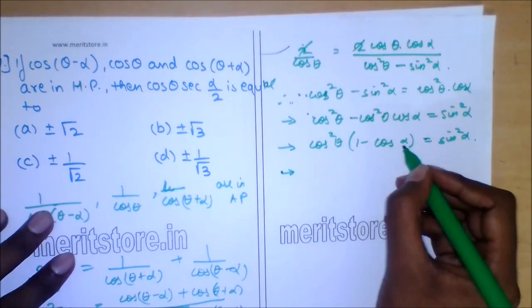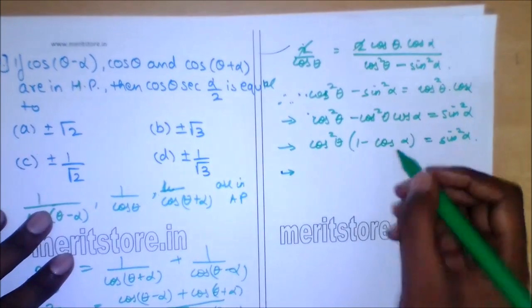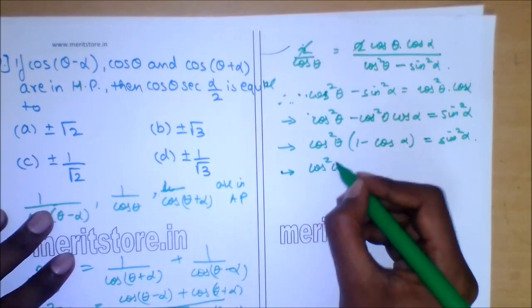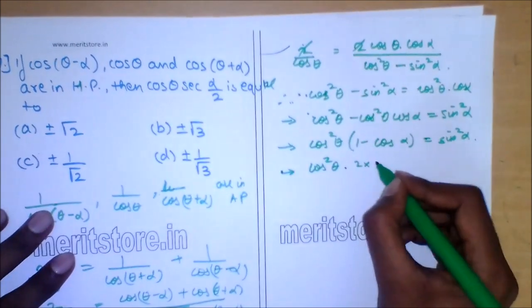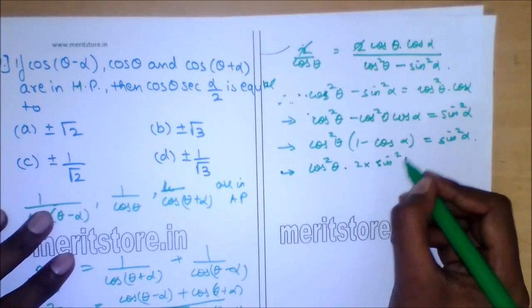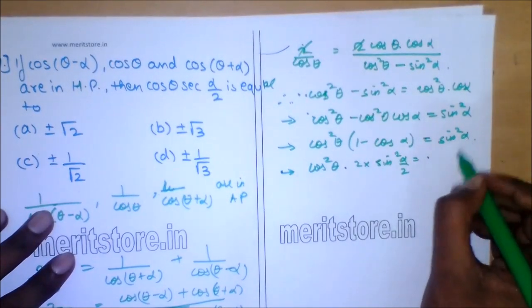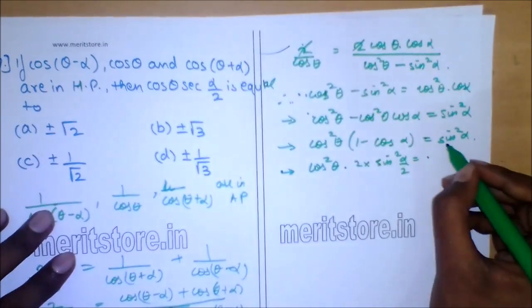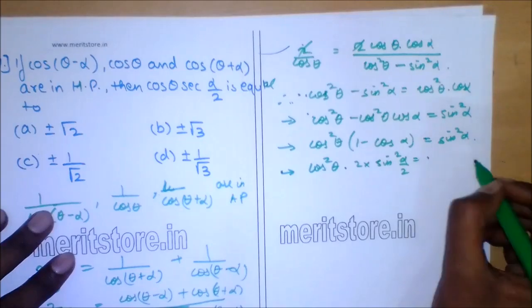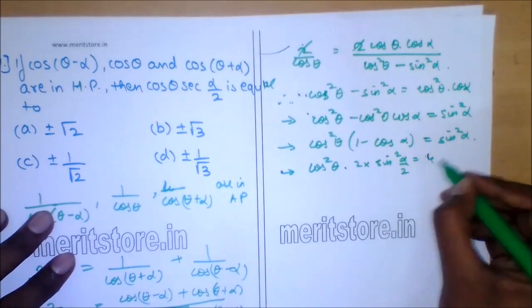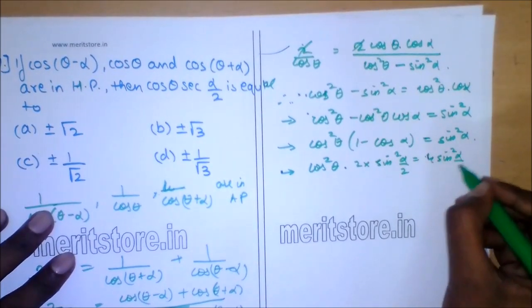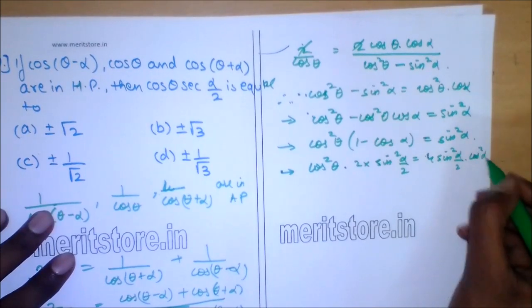Now 1 minus cos alpha can be written as 2 sin square alpha by 2. So this is cos square theta by 2 into sin square alpha by 2 equals, now sin square alpha can be written in half angle form, so we get 4 times sin square alpha by 2 cos square alpha by 2.